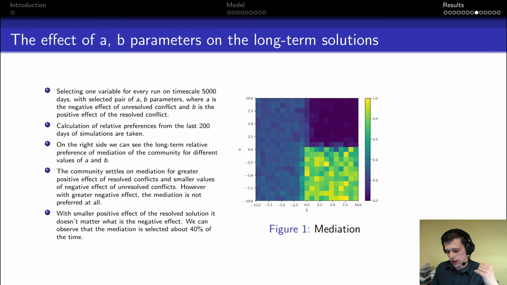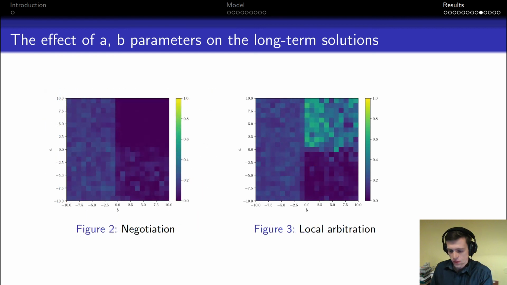And on the other side, if the negative effect is greater, then there is no mediation. On the left side, we can see that if the positive effect B is lower, then people are preferring negotiation. On the right side, we can see that if the positive effect is greater, but the negative effect is greater as well, people are forced to use the highest solution. So in this graph, it's local arbitration.